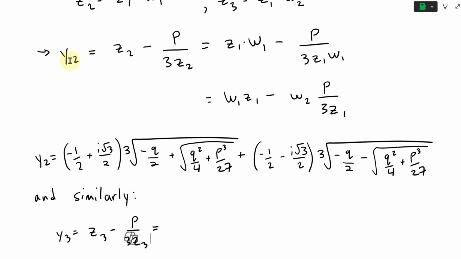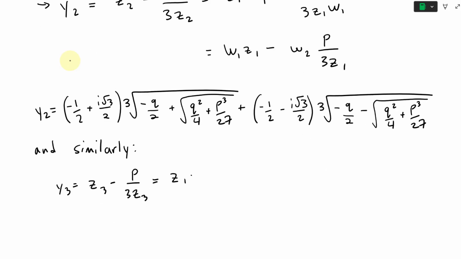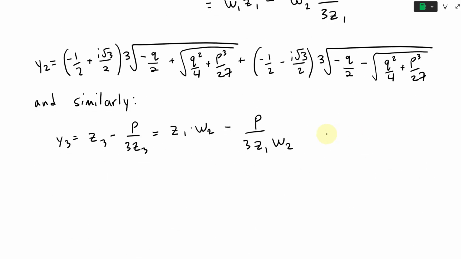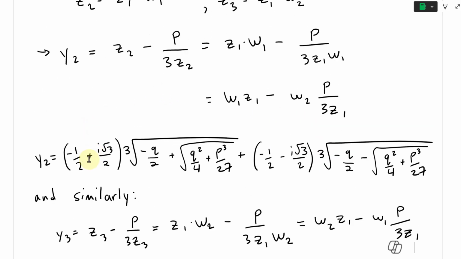This equals Z1 multiplied by W2, and then minus P over 3 Z1 W2. And 1 over W1 is W2, so flip that around, this becomes W1. So this equals W2 Z1 minus, and then this multiplied by W1, so flip that over, P over 3Z1. So it's the exact same thing, but now we flip this one and this one.